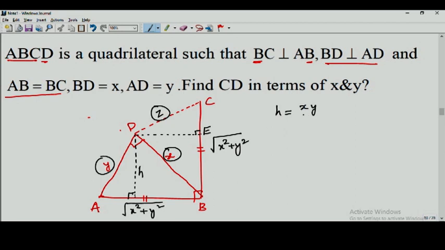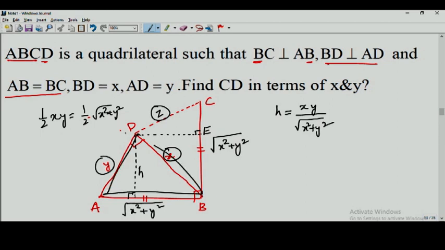So xy by square root of x square plus y square. Or we can apply area: half into xy is equal to half into the base of this triangle into its height h. So h will be xy by root of x square plus y square. That's how we got the h value.